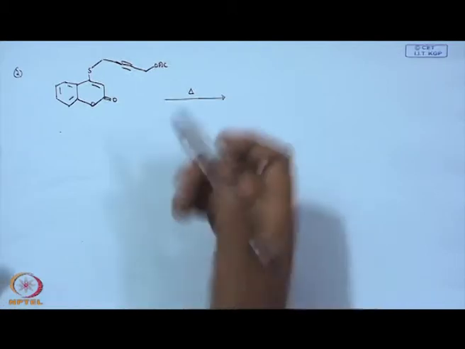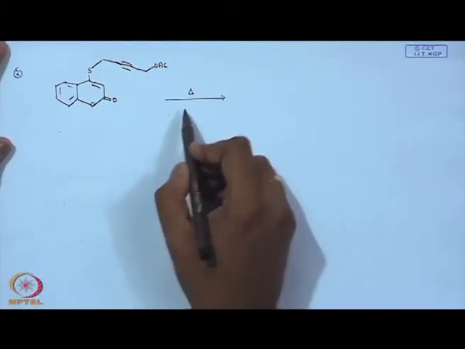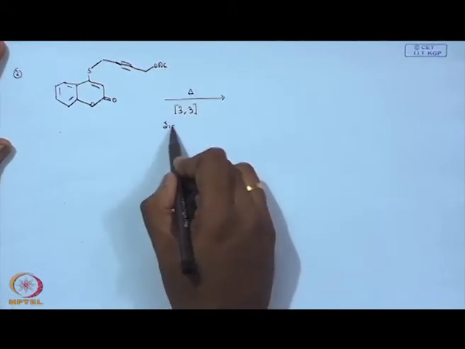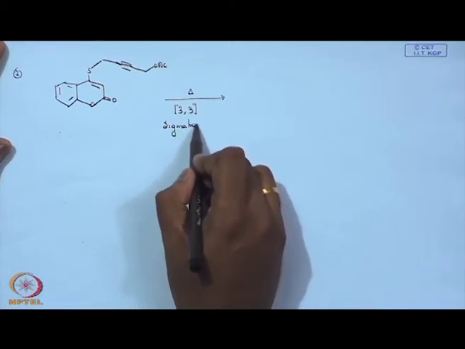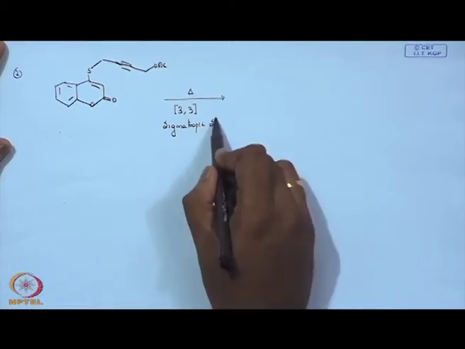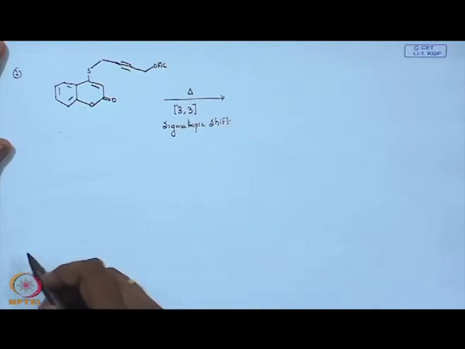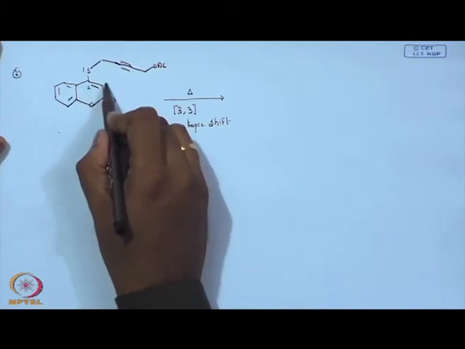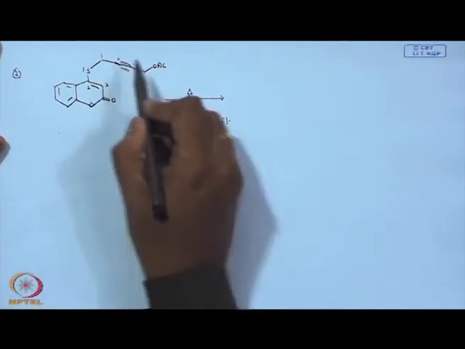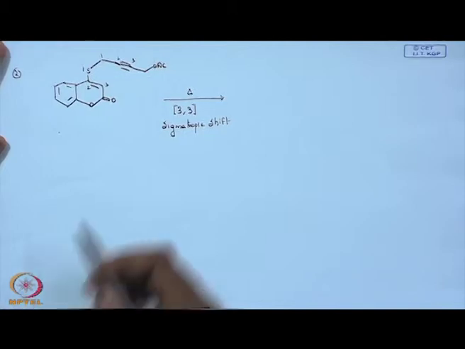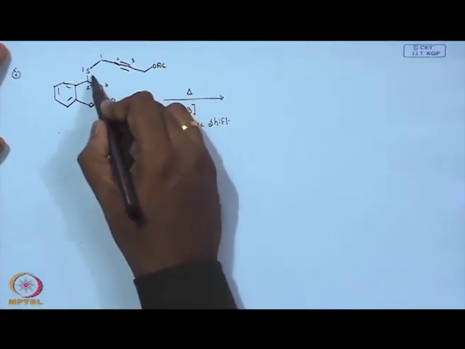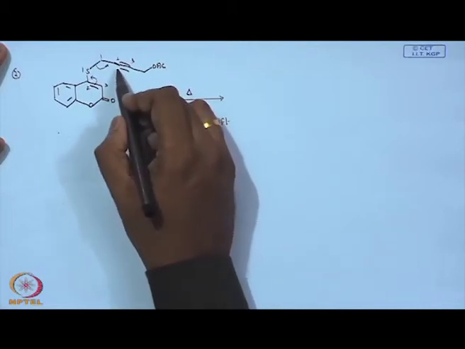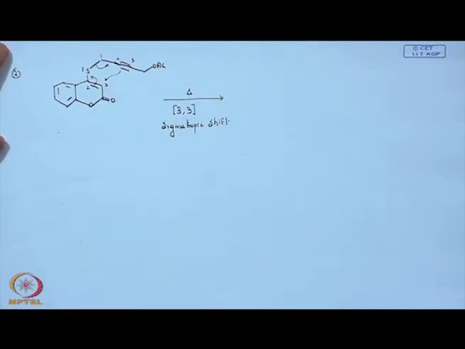Yes, that's good. It is nothing but a 3,3 sigmatropic shift. See, after doing problems now you guys are good. So it undergoes a 3,3 sigmatropic shift. Just 1, 2, 3, right? 1, 2, 3. I can do it. So think of this part, and think of this one, right?